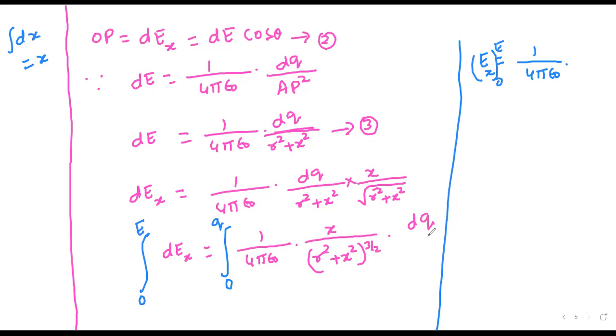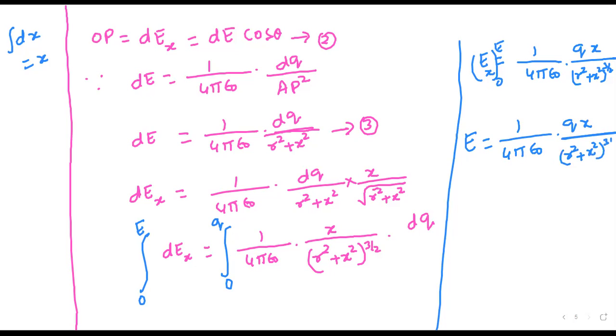With respect to q, I am integrating; x and R are constants. So Qx by R square plus x square whole power 3 by 2. That is, the electric field of a ring at an axial point is given as E is equal to 1 by 4 pi epsilon naught times Qx by R square plus x square whole power 3 by 2. That is the electric field of a ring at an axial point.